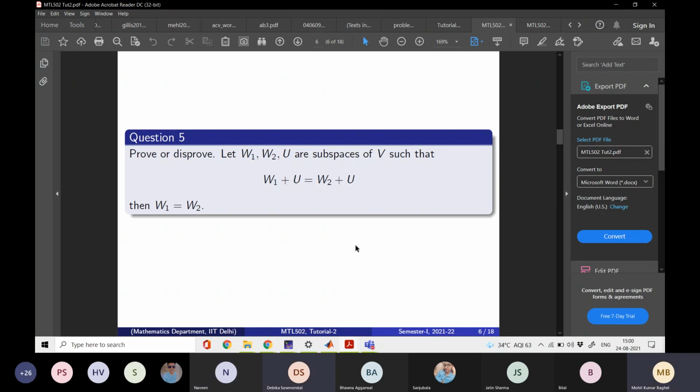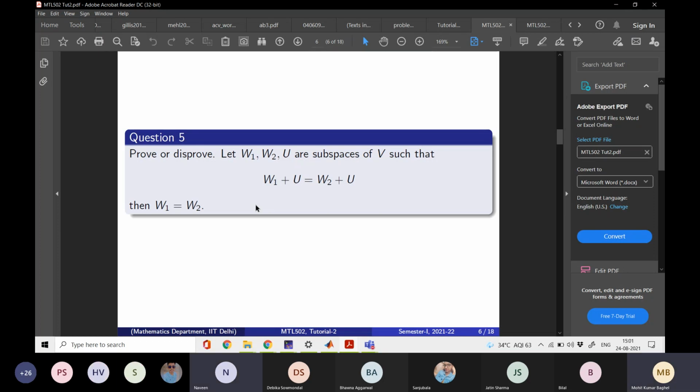W1 plus W2 is again a subspace of V. It is the collection of all elements of the type w1 plus w2, such that w1 is contained in capital W1 and w2 is contained in capital W2. Now it is given that W1, W2 and U are subspaces of V. Is W1 plus U equal to W2 plus U? This statement is claiming that W1 equals W2. So is it correct?